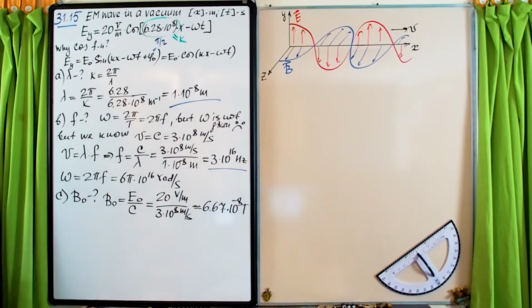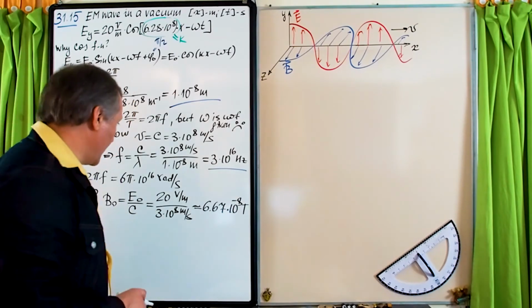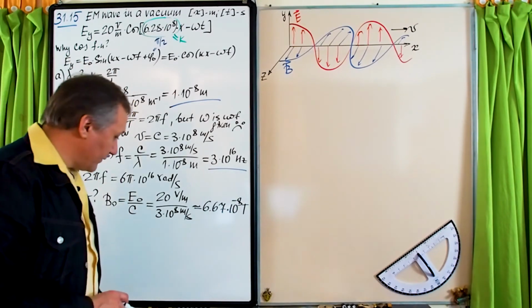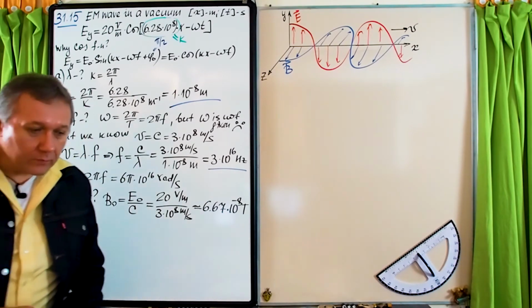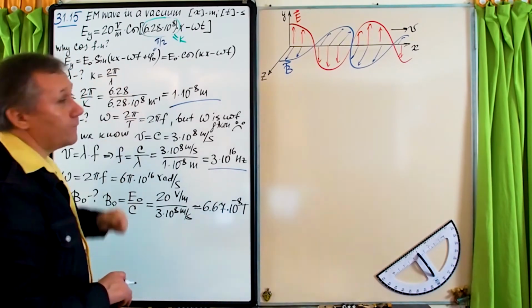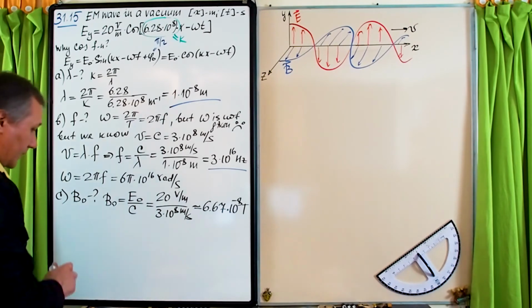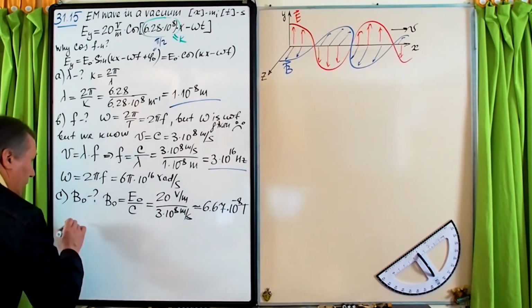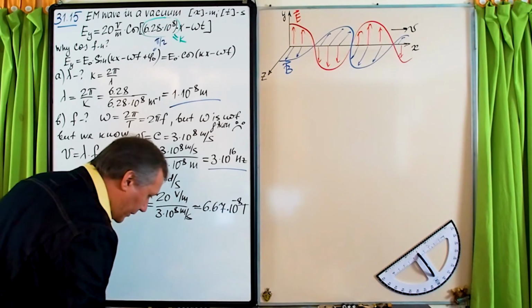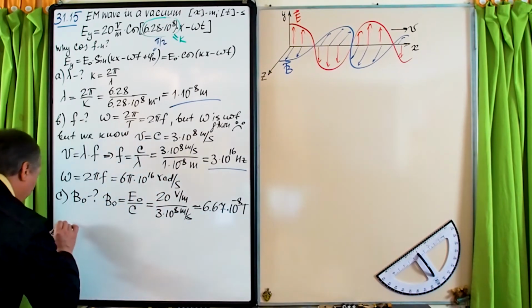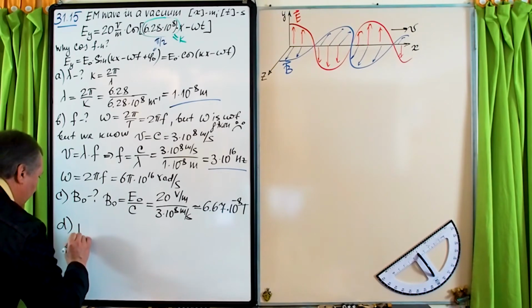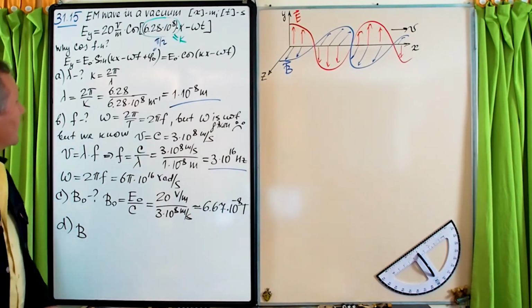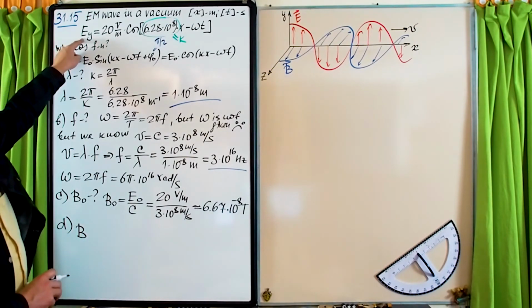Right. Okay, so now we know the amplitude of the magnetic field, and after this point, we should be able to write the expression for the magnetic field. So the magnetic field now, I think it's part D. I want to write something similar, but now for the magnetic field.